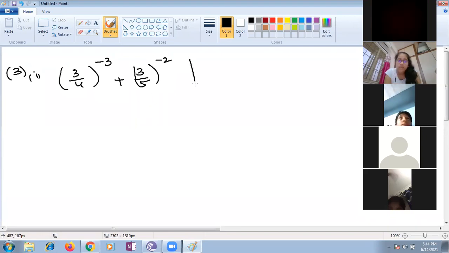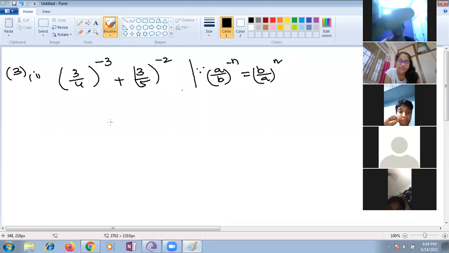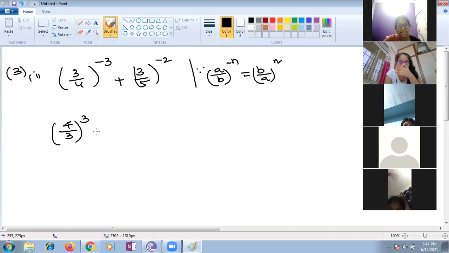Good, very good. Zoya, please, can you help solve (3/4)^-3? As she said, (4/3) raised to 3. Yes, very good. Next one.